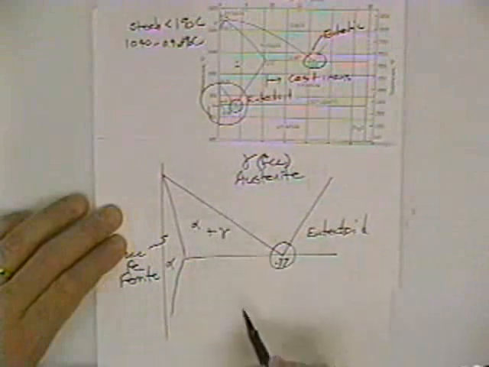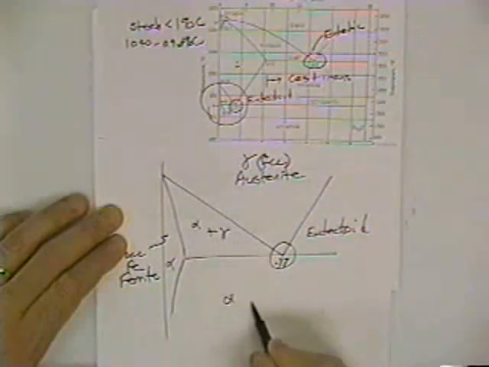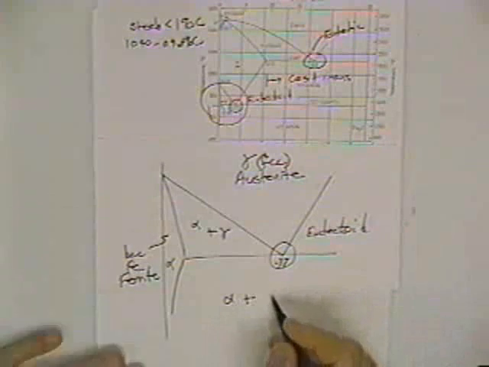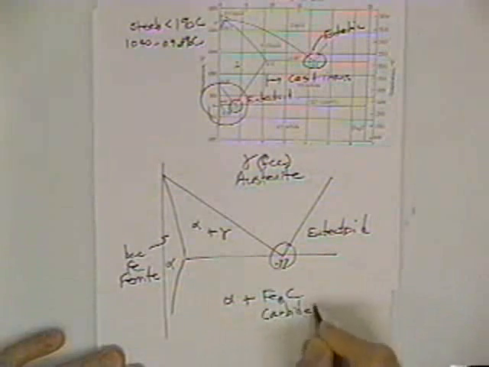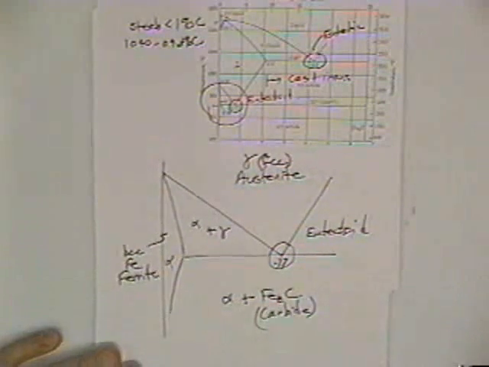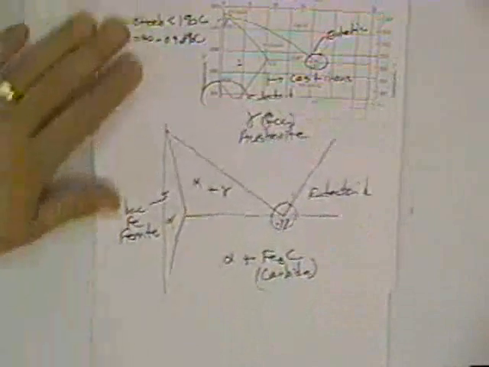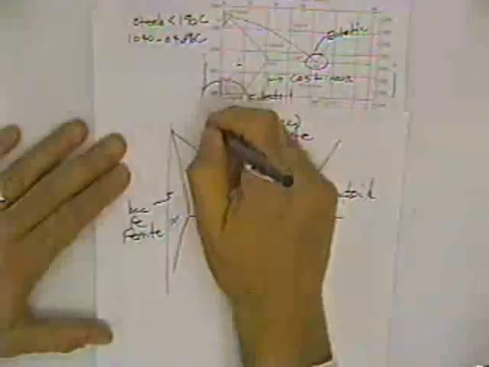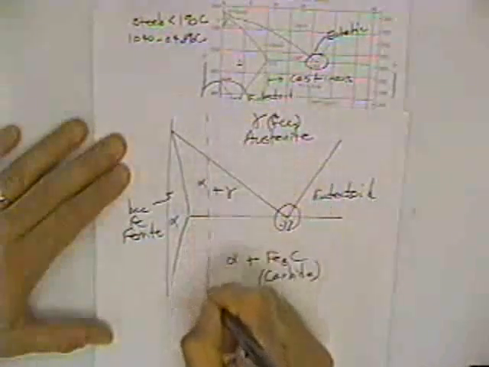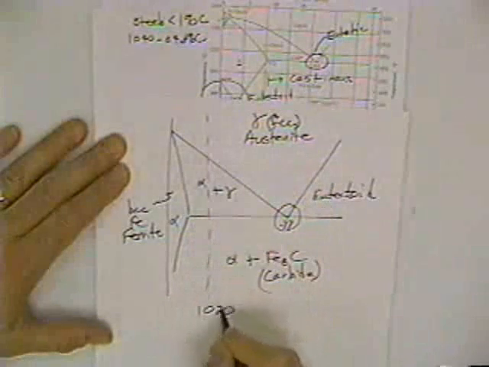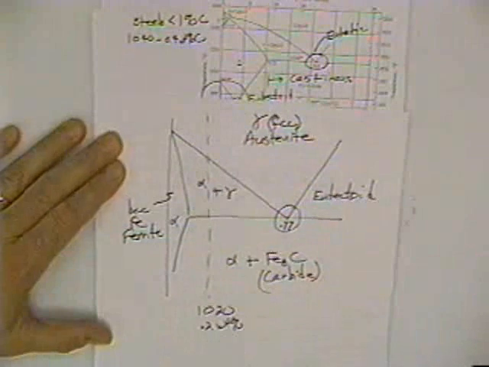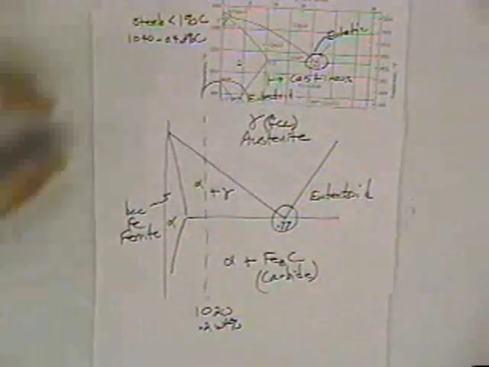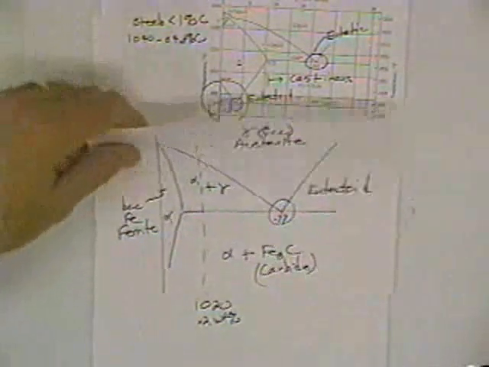So, what's this phase field? Alpha plus austenite, and down here we have alpha plus Fe3C, or carbide. And let's take a 1020 steel, so we have 0.2 weight percent carbon, and let's make a couple of calculations.